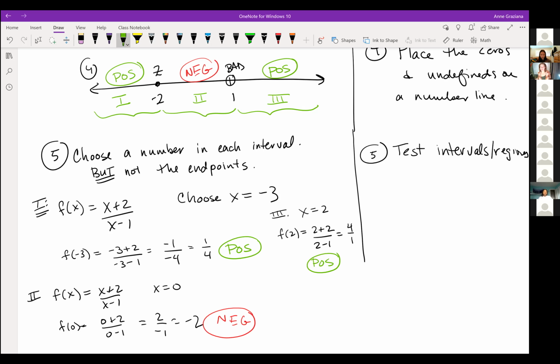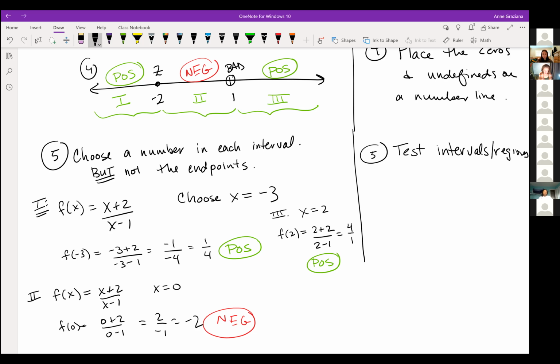I didn't even have to graph it, see? Whatever is happening before -2, the graph is above the x-axis. Between -2 and 1, it's below. And then after 1, it goes back up. That should be your mental picture of whatever those things look like.